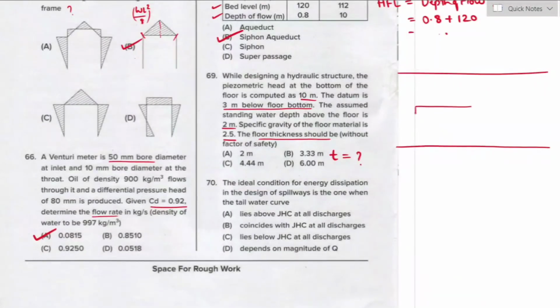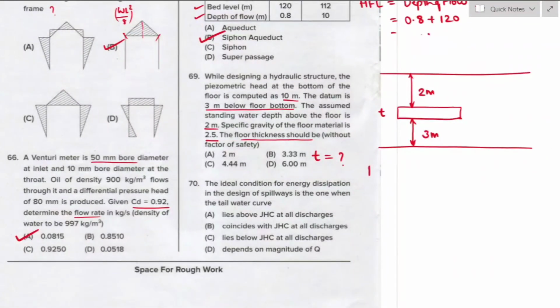This is the floor of a thickness T, assuming the depth of the standing water as 2 meter and below the floor the datum is 3 meter. Piezometric head at bottom of the floor will be 10 meter minus datum 3 meter.